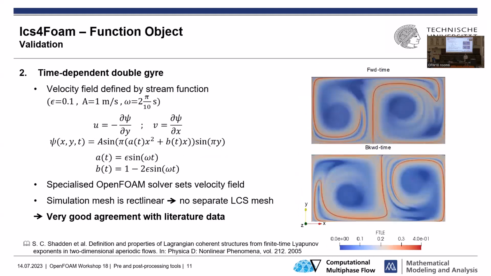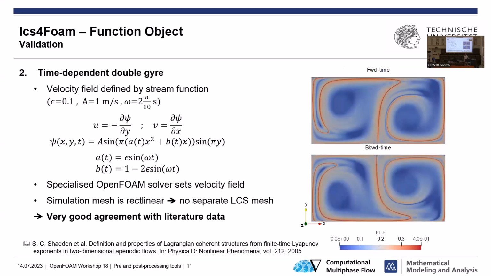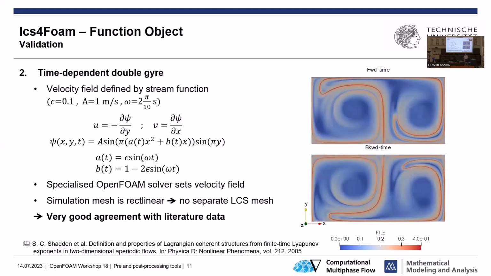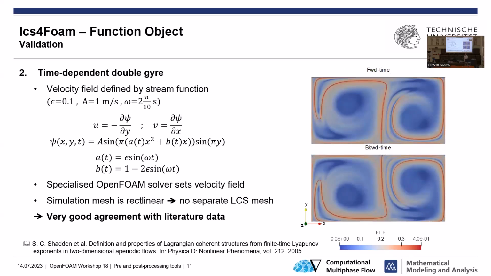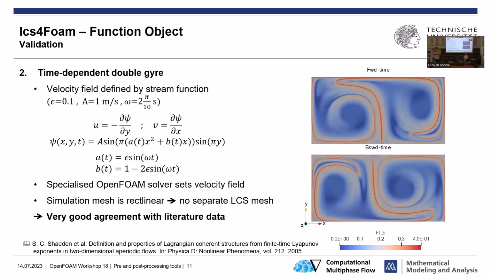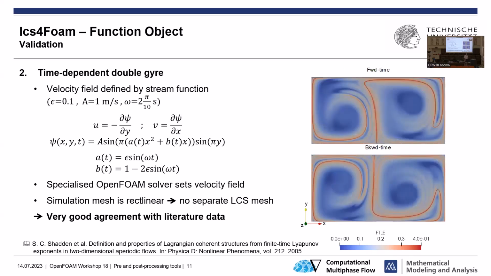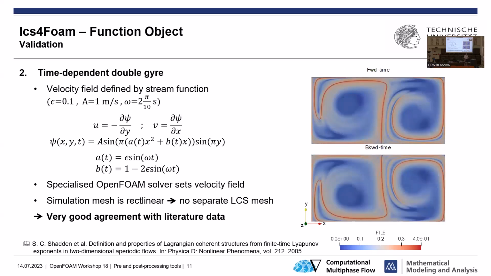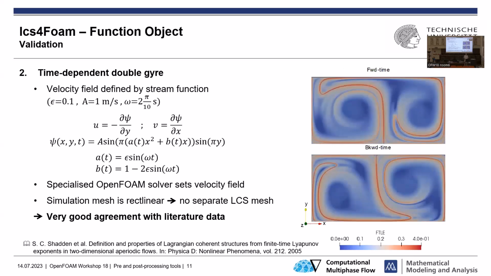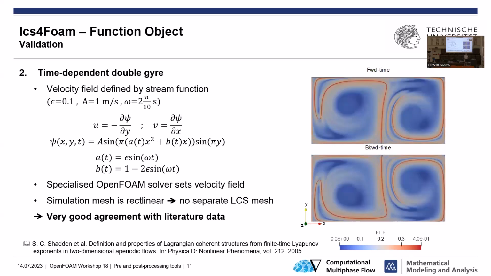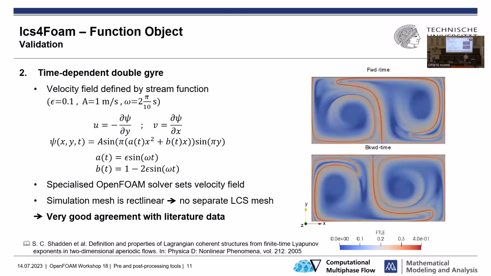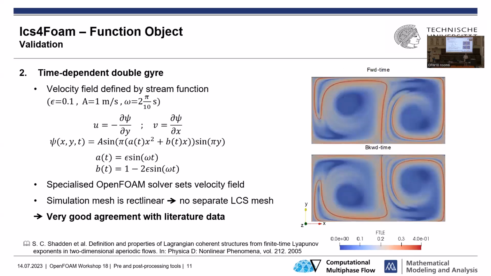Another validation we did was the time-dependent double gyre, which is also a common validation test case. Here the flow field is just given with a stream function, and then again we just wrote a simple OpenFOAM solver which sets the velocity field to such given values, and we again use no separate LCS mesh.